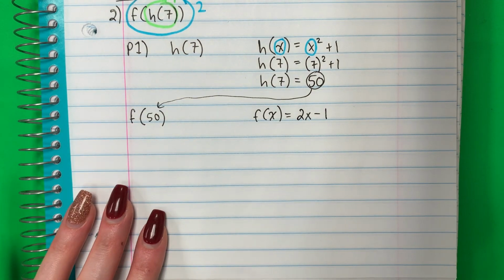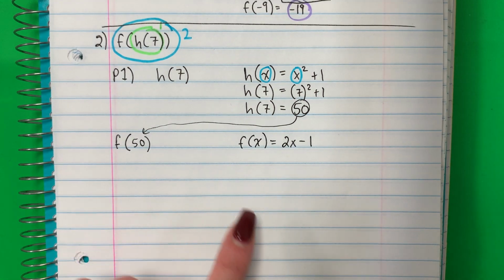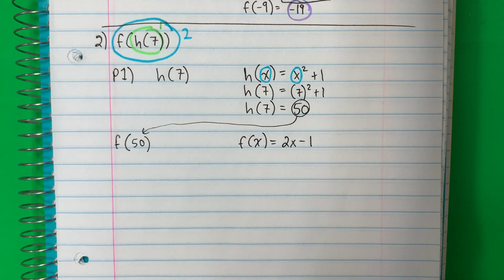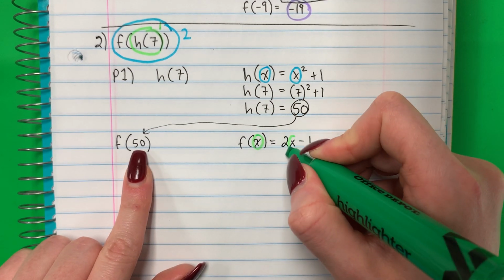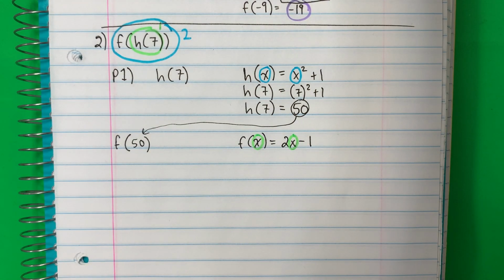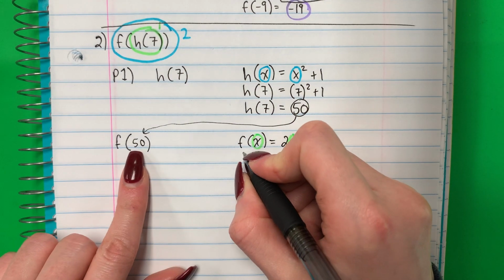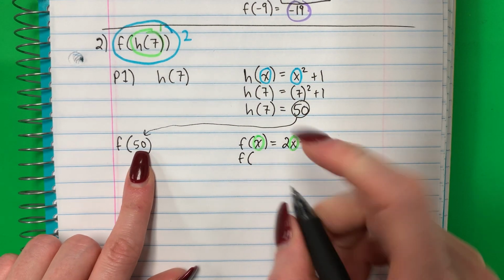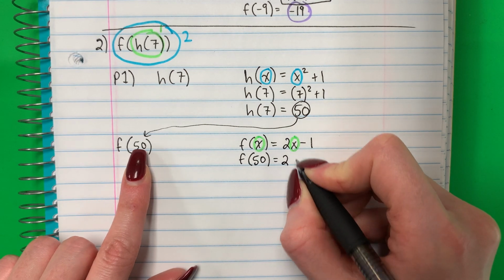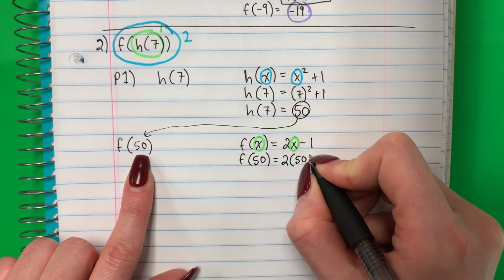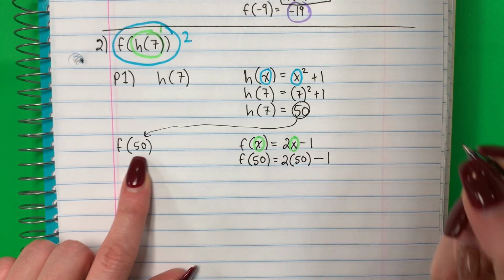Copy that down. We're going to replace all of the x's. Vamos a reemplazar todos los x with 50, con 50. Okay, so copy F of 50 equals 2 times 50 minus 1.